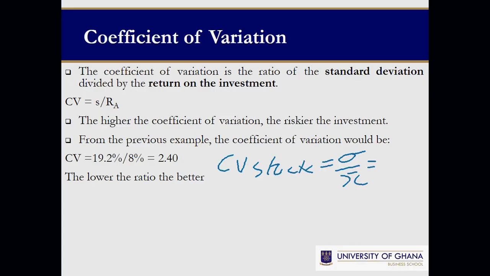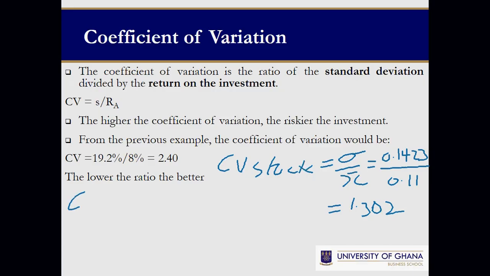So for stock, our standard deviation was, you can pause the video and then go back, around 0.1423, and then the mean was 0.11. When we do this, we are getting 1.302, right?